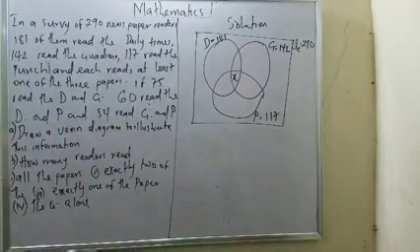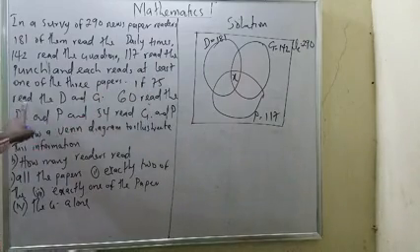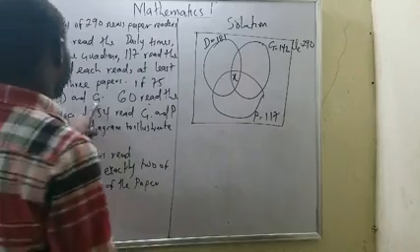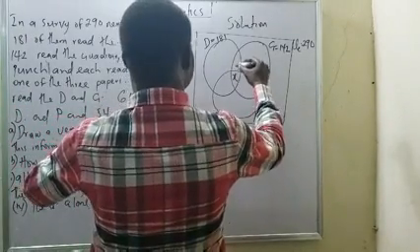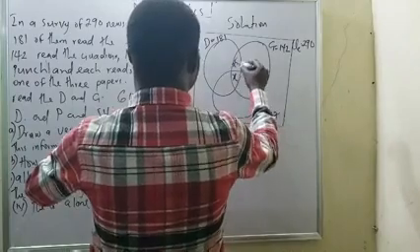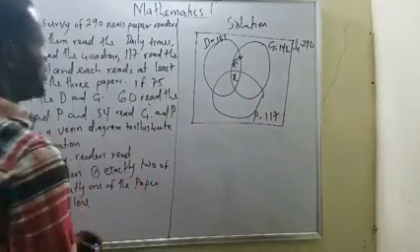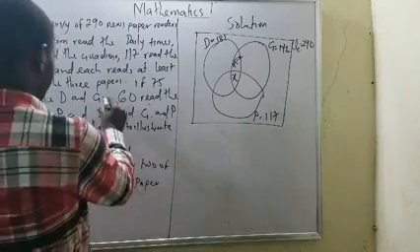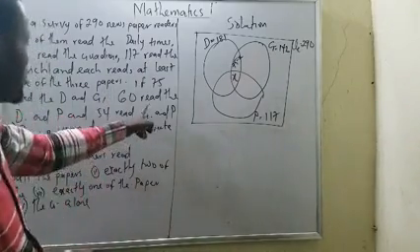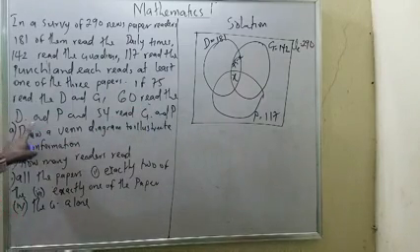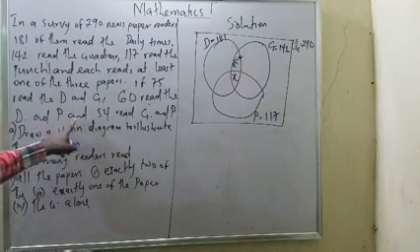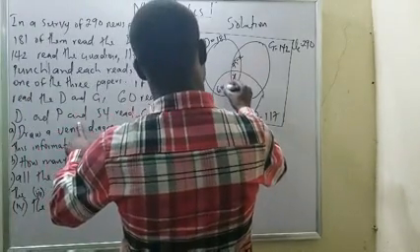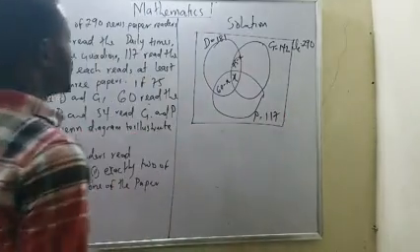Now, the next thing: 75 read the Daily Times and Guardian, so here will be 75 minus X. 60 read the Daily Times and Punch, so I'll be having 60 minus X here.